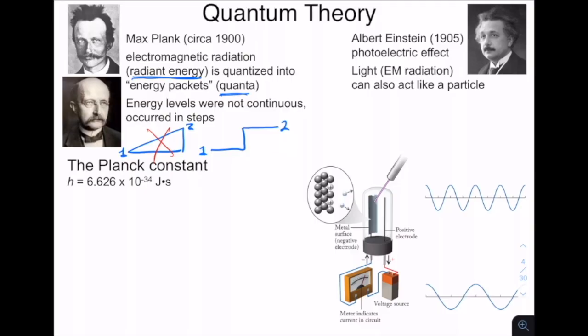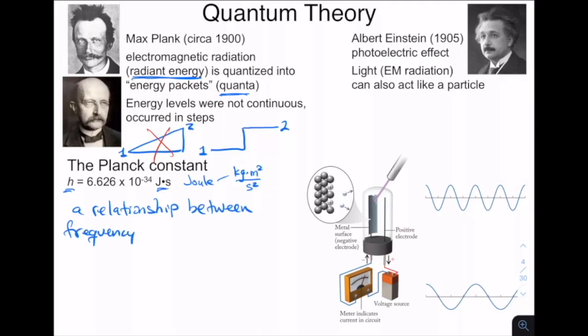And we have what's called the Planck constant, h, which is 6.626 times 10 to the negative 34th joule seconds. The unit joule, that's a kilogram meters squared per second squared. This relationship that I told you earlier, the relationship between frequency and energy, now we can relate that much more carefully using this idea of quantized energy.